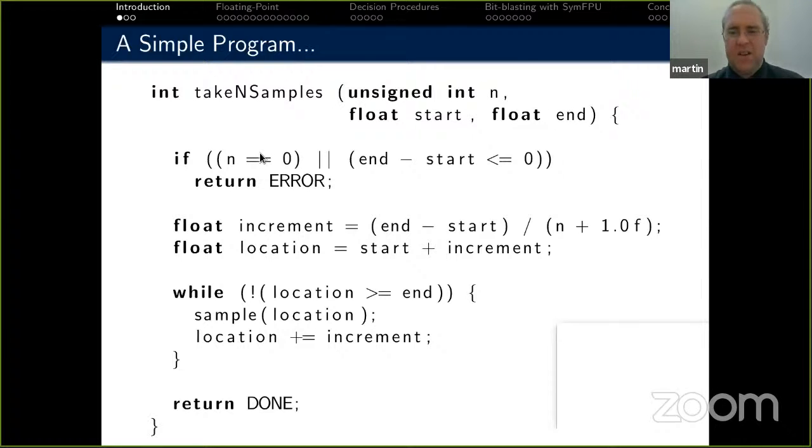First off, it checks if n is 0, and also you need that end is larger than the start. Otherwise, what it does is it works out the increment, and it then just works from the start point by increment, and it just samples at each location.